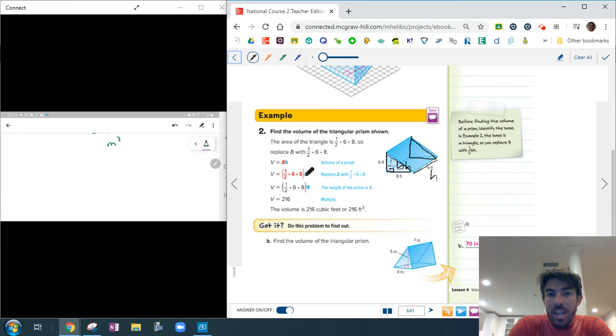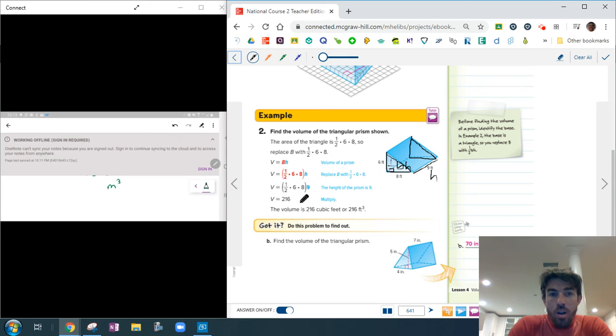Then we're going to fill in that h. That's not the height of the triangle. That's the height of the whole prism. That's the 9 right there. So it can be confusing because there's two h's in the problem. There's the h in the area formula and the h of the prism. But once you get the hang of it, it shouldn't be that bad. And then you plug it in and try it out.